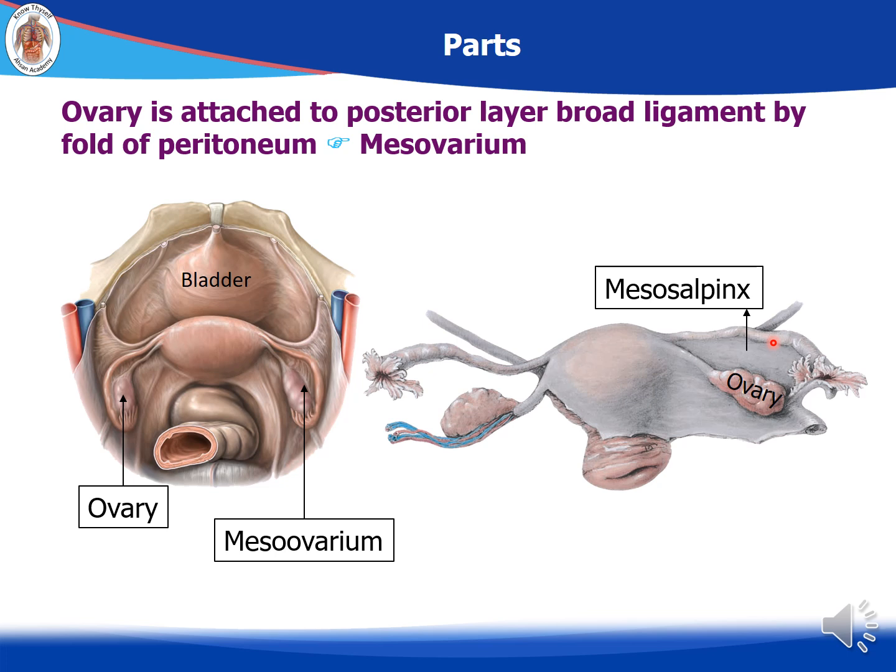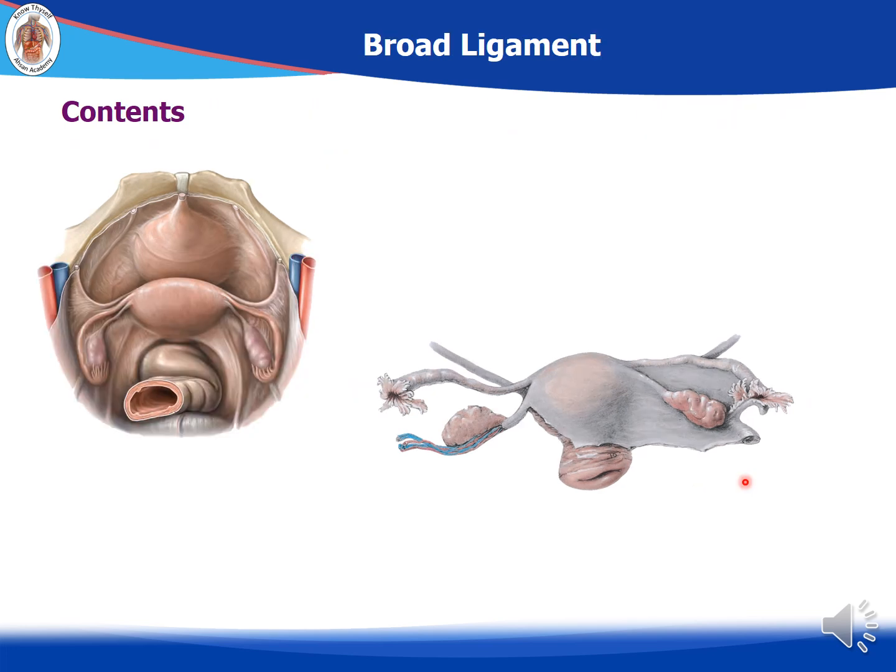So the part of the broad ligament that is lying between the uterine tube and the attachment of the meso-ovarian is known as the mesosalpinx. So it's a part of the broad ligament, but it is the mesentery of the salpinx, meaning the uterine tube.